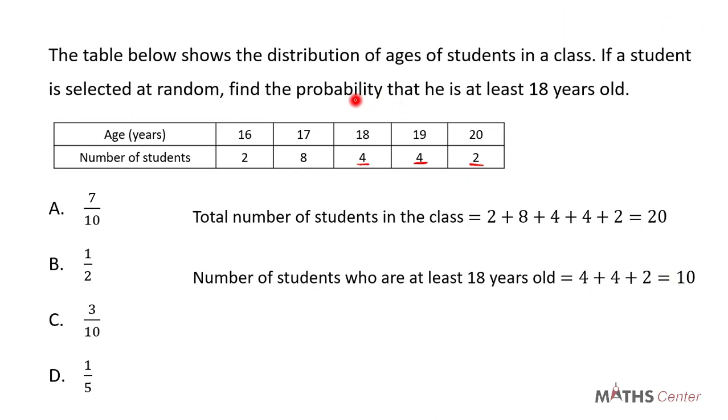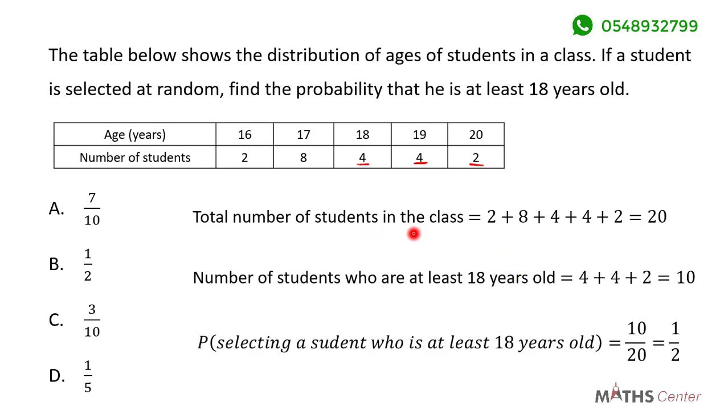The probability that a student selected at random is at least 18 years old will be equal to the number of students who are at least 18 years old divided by the total number of students in the class.